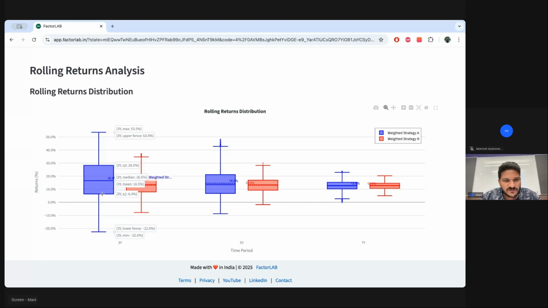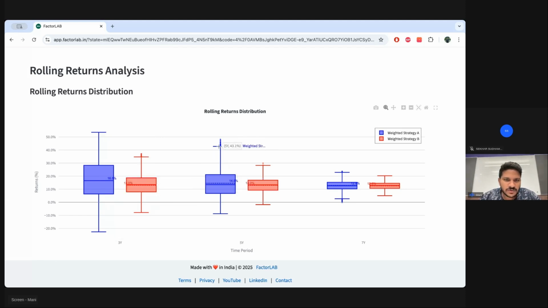Quartile 1 is the 25th percentile. Quartile 3 is the 75th percentile. Then you have the max 3-year return. So if you had actually timed it really, really well, this strategy would give you a 3-year rolling return of 53.5%. If you had timed it badly, the worst case scenario is minus 22.6%.